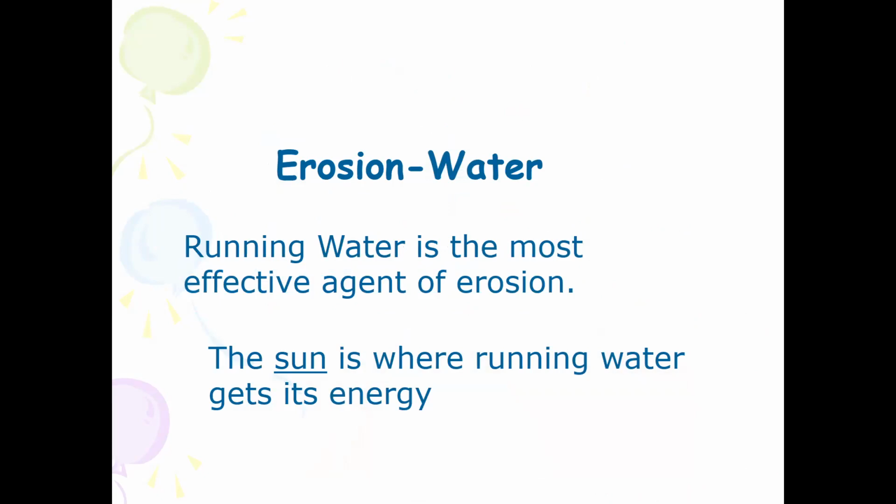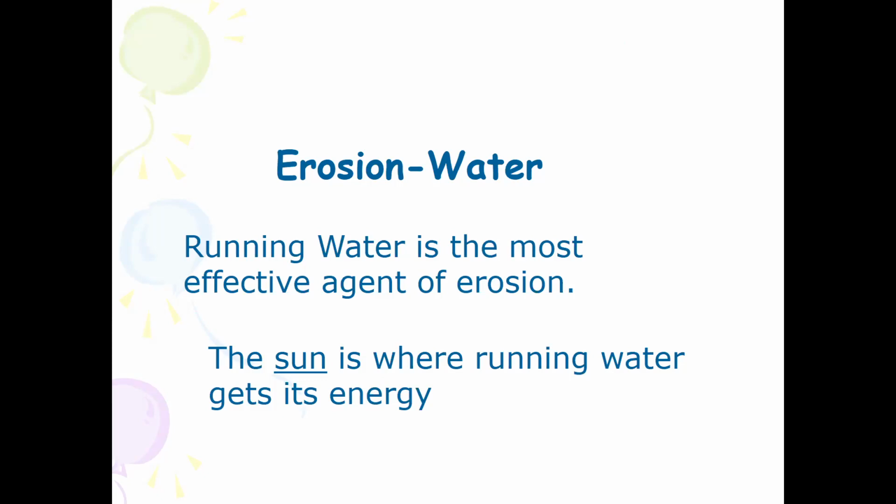All right, so now, like I said, we're going to focus on one of the most effective agents of erosion, and that is water. The reason water has such a profound effect on the surface of the planet is because of the water cycle. The sun heats the water, causes it to evaporate. That causes it to rise up in the air, move somewhere else, cool, eventually condense into clouds and maybe rain, and then fall into some type of precipitation, whether it's rain, sleet, snow, hail, I don't know.